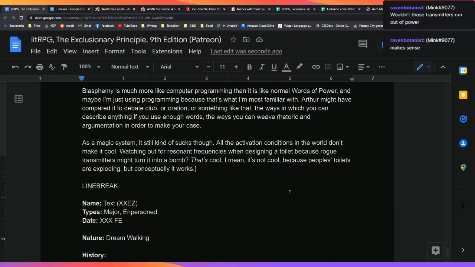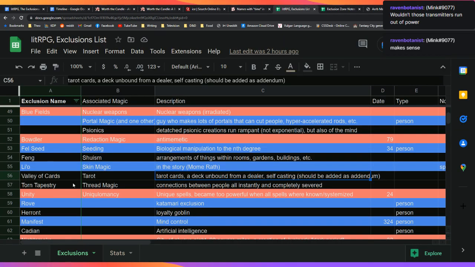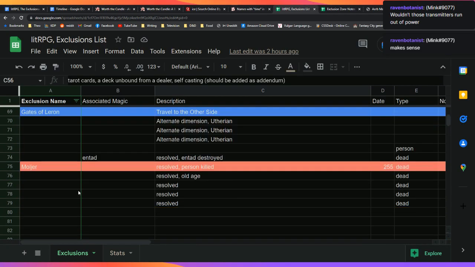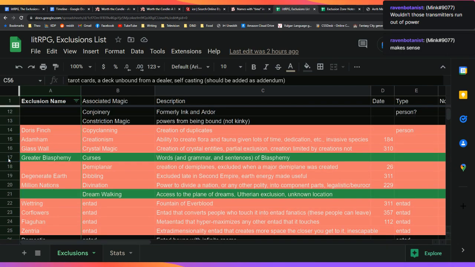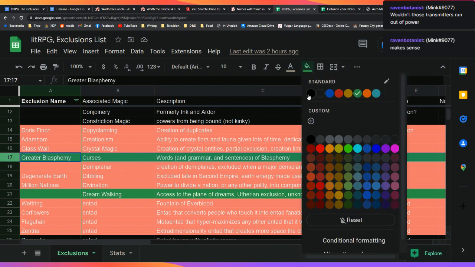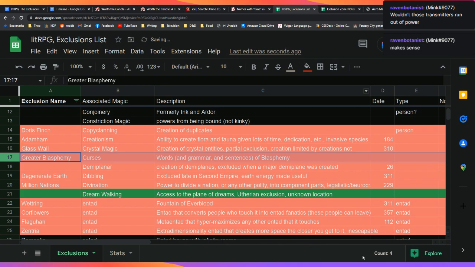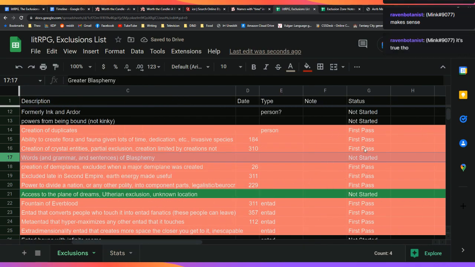I gotta stretch my fingers and stuff. I gotta mark this as done. Boop. And then because I changed this, this is now first pass.